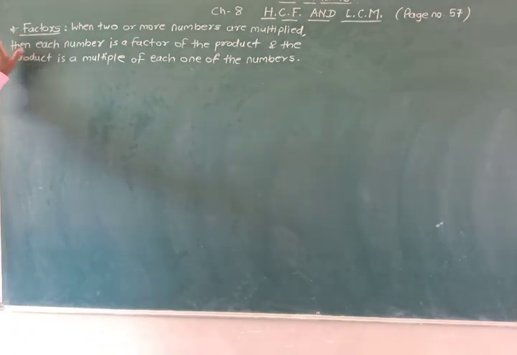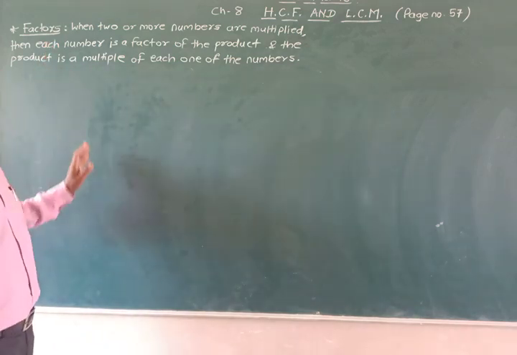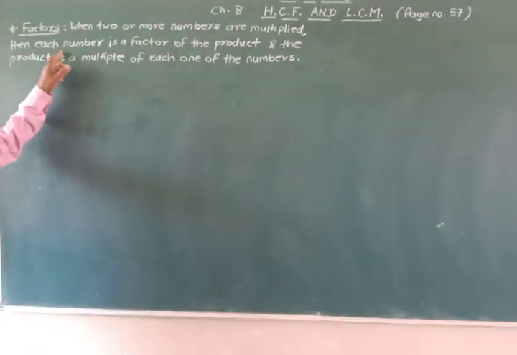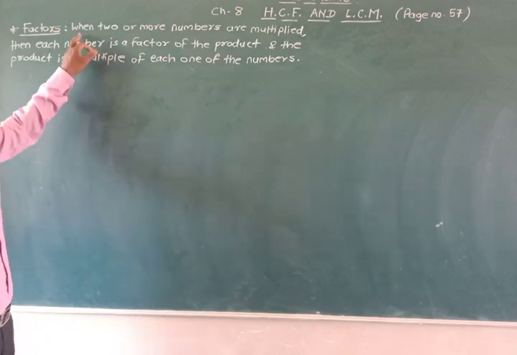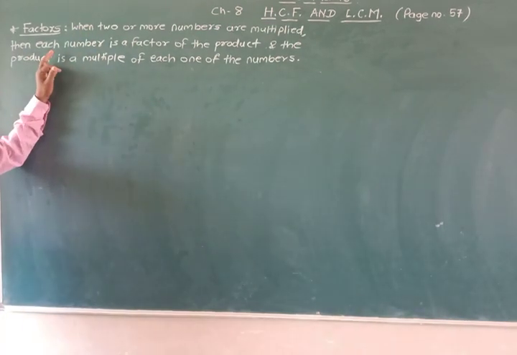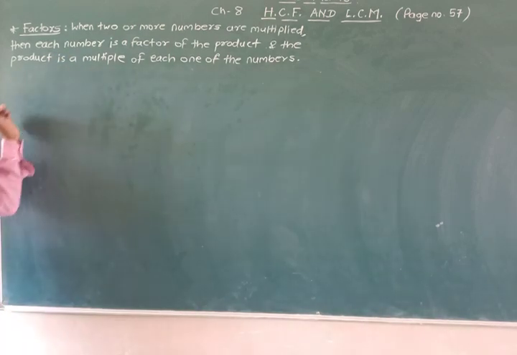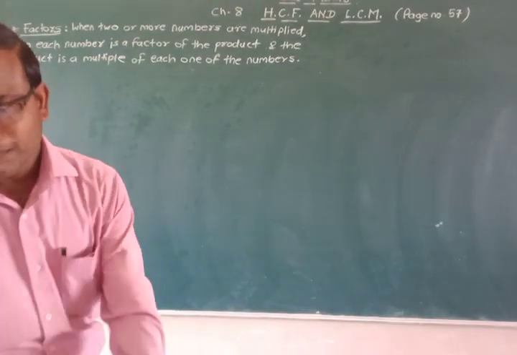Factors: when two or more numbers are multiplied, then each number is a factor of the product, and the product is a multiple of each one of the numbers.